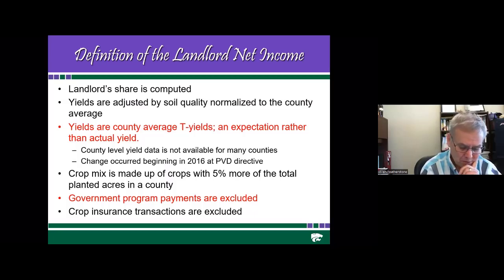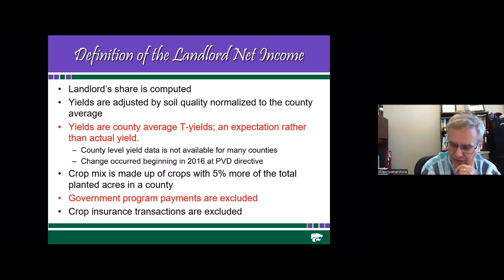And over time, essentially, government program payments can be a pretty important part. Government program payments will be bid into cash rent, which probably also alludes to John's question in terms of if government program payments are not in there, then it's even more difficult to believe how the LNI can be higher than rent in certain years.